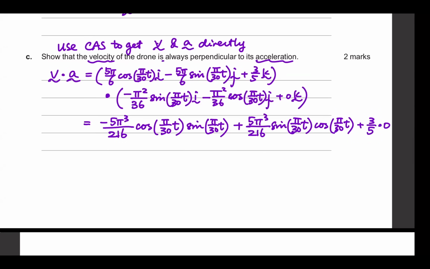You have to show the actual calculation. And that leads to a 0 clearly. And therefore, you can reach a conclusion: the velocity is perpendicular to the acceleration. Okay?